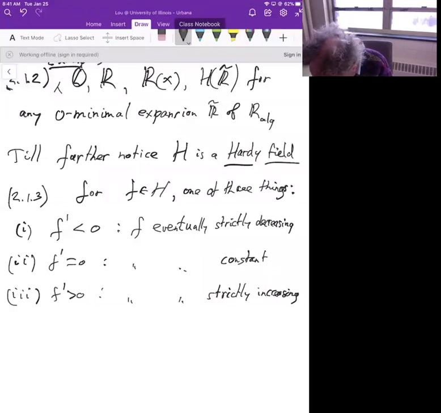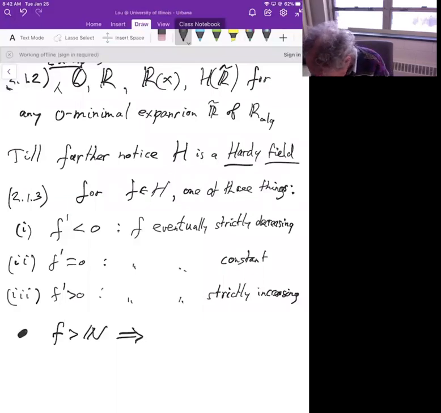Now this already has, let me mention some consequences of that. Immediate consequences. If f is bigger than every natural number, then of course, this shows that the derivation interacts with the ordering.